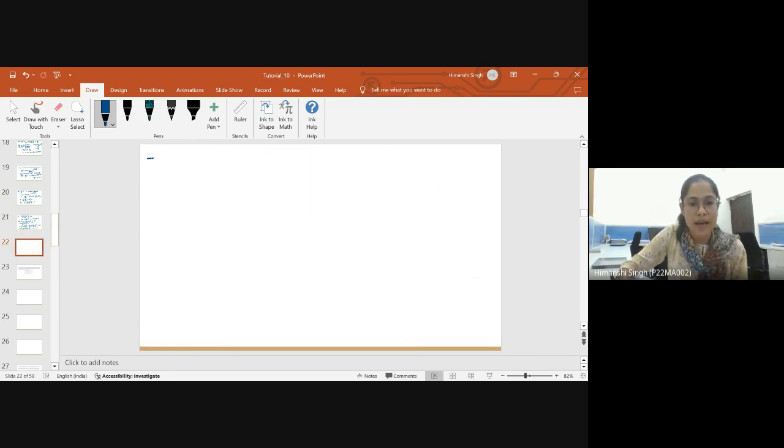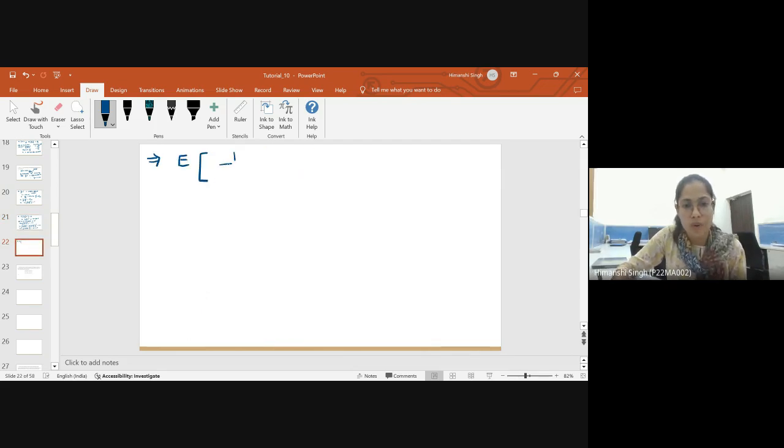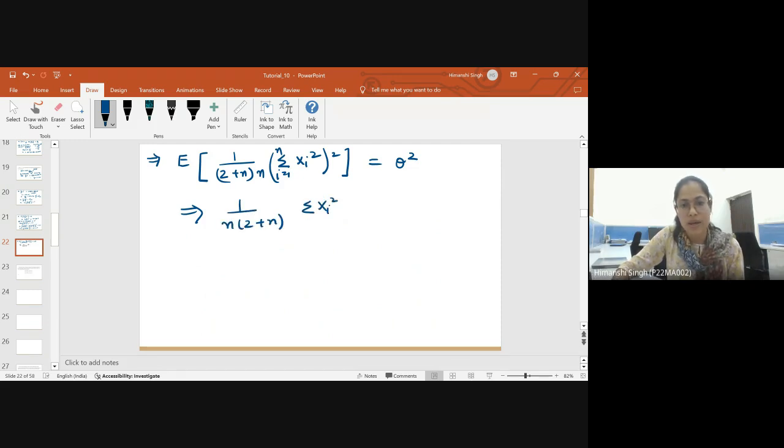Okay, so I'll take this 2n plus n square to the denominator, taking n as common, so it will be 1 upon n into (2 plus n), times (summation xi square) whole square, equal to theta square. Which implies that 1 upon n(n plus 2) times (summation xi square) whole square, i going from 1 to n, is an unbiased estimator for theta square.